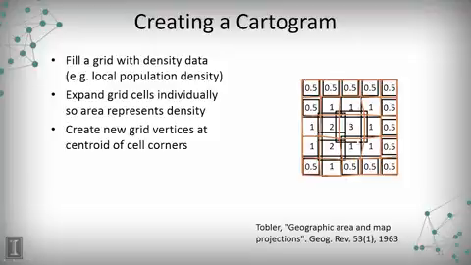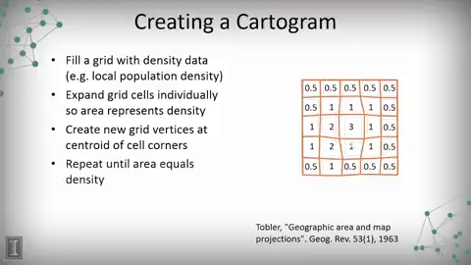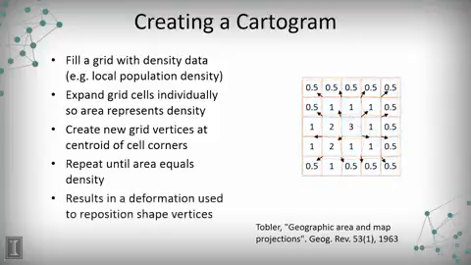And so we create this new grid, and this new grid is deformed. Based on this deformed grid, we keep iterating that over and over until we get a final deformed grid, and then we look at the differences between the original grid points and their new positions in the deformed grid. That sets up a deformation.